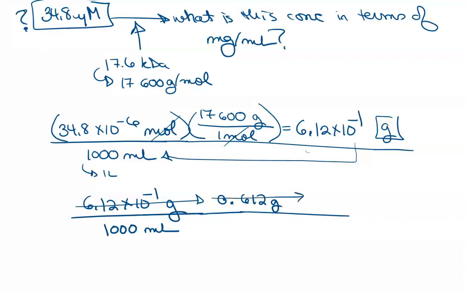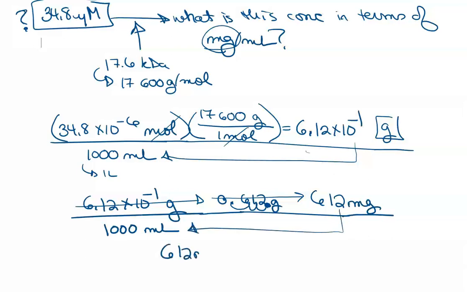Now, we don't want grams, do we? We want milligrams. How can we go from grams to milligrams? We're going to hop the decimal 3 places, so this is equivalent to 612 milligrams, and again, that's in 1,000 ml. So we've got 612 mgs of material in 1,000 mLs. If we want to get rid of this 1,000 and go back down to mLs, we're going to hop the decimal back this way.